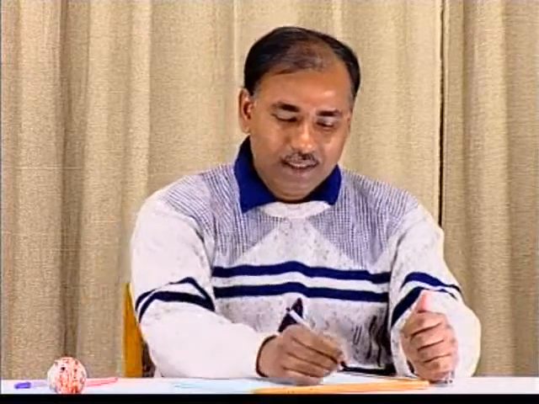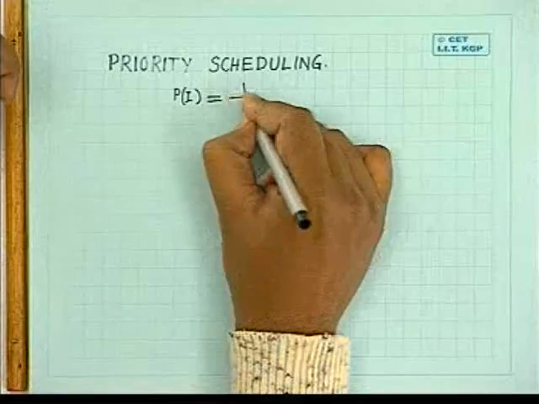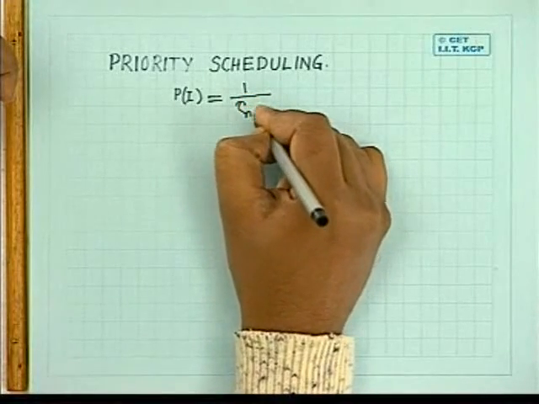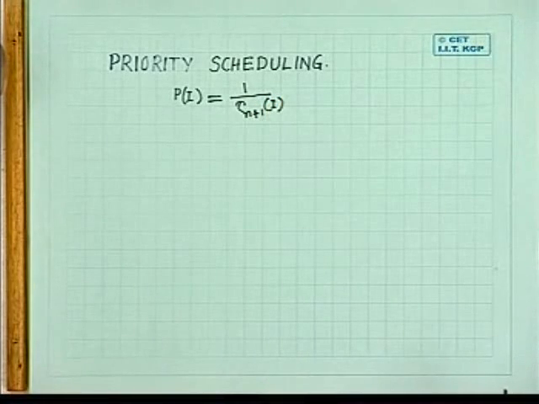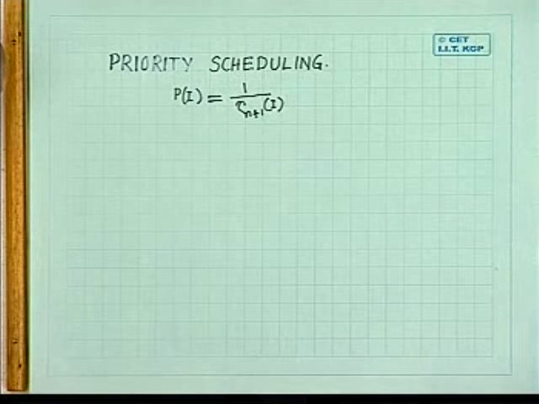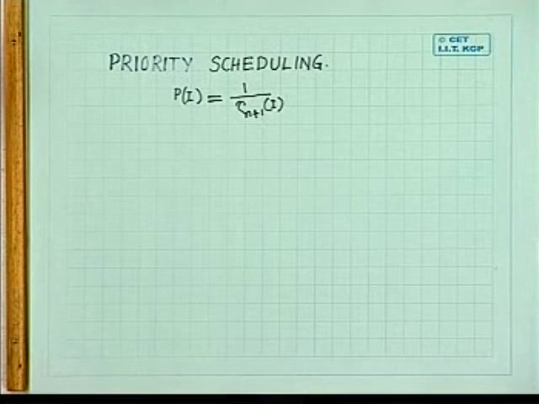Now, if you compare this priority scheduling with shortest job first scheduling, you will find that SJF is nothing but a special case of priority scheduling, because there I can say that the priority of a job, say Pi, priority of ith job, is nothing but the reciprocal of tau n plus 1 I, where tau n plus 1 is the predicted next CPU burst duration.